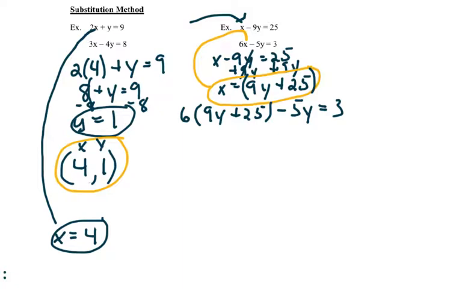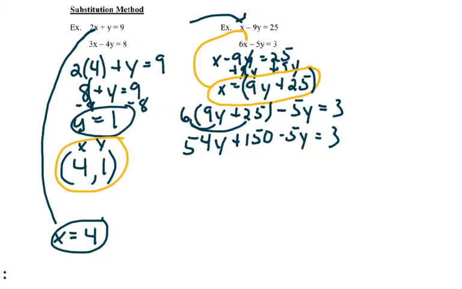Obviously, we've got a distributive property here and here that we need to take care of. And that's going to end up giving me 54y plus 150 minus 5y equals 3.